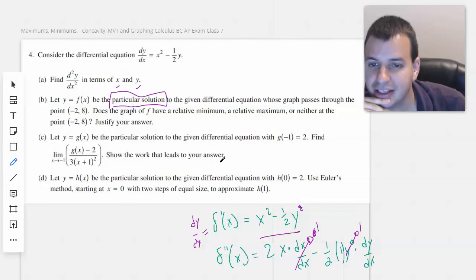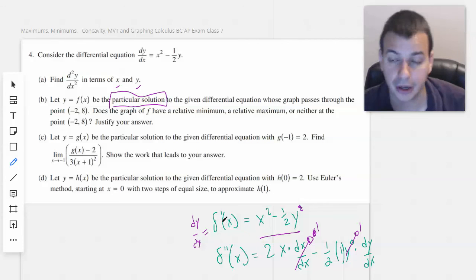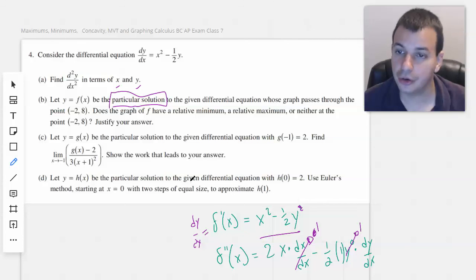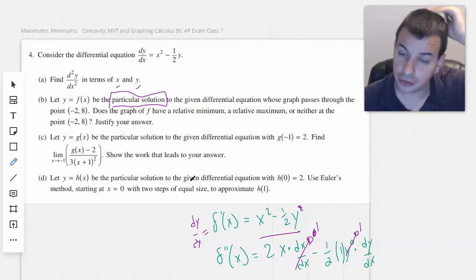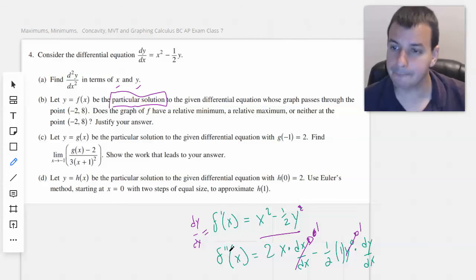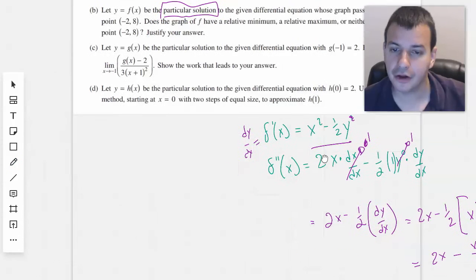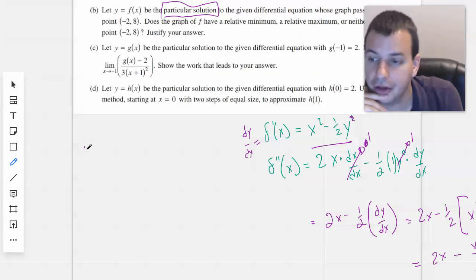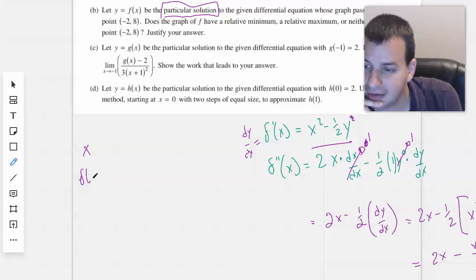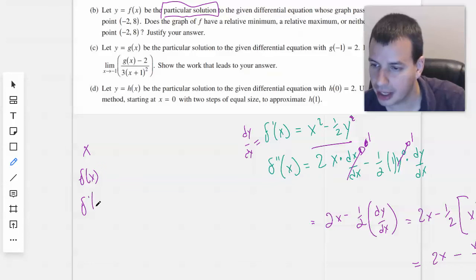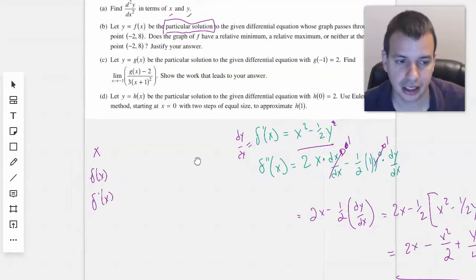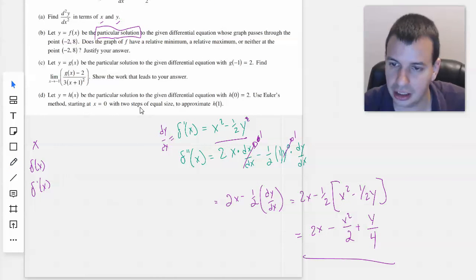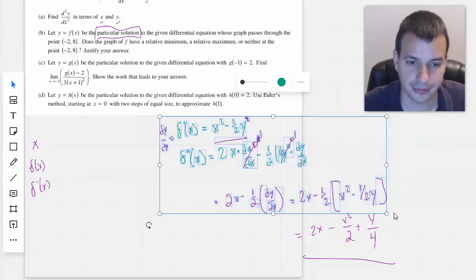Does the graph of f(x) have a relative minimum, maximum, or neither at the point (-2, 8)? Okay. So, first thing we should do is draw up our sign chart now. So we have x, f(x), f'(x).